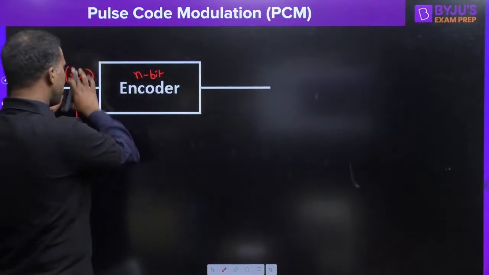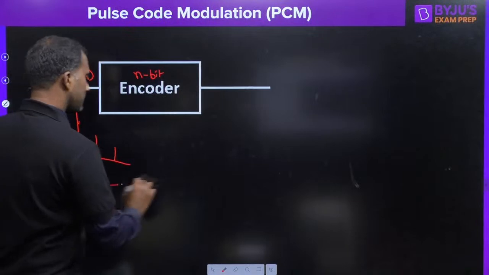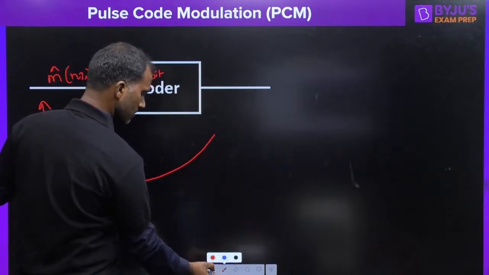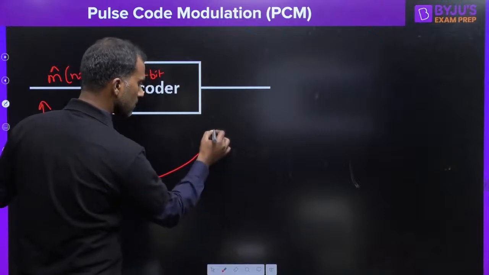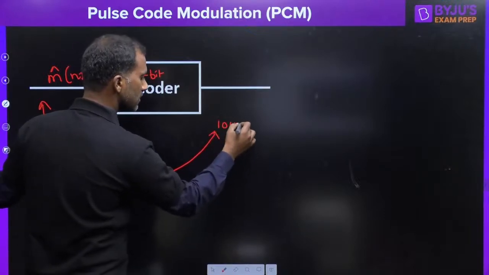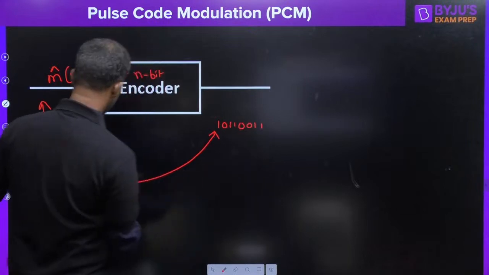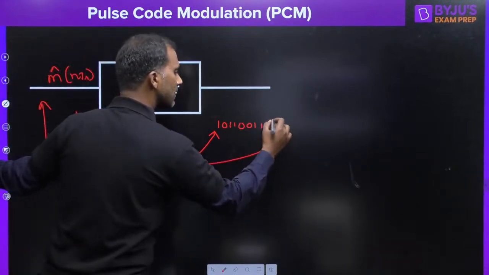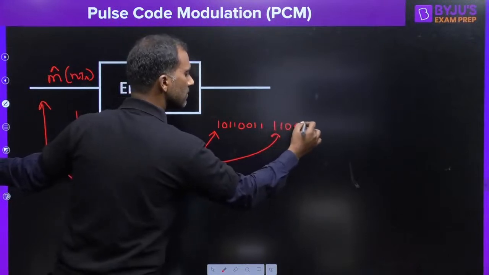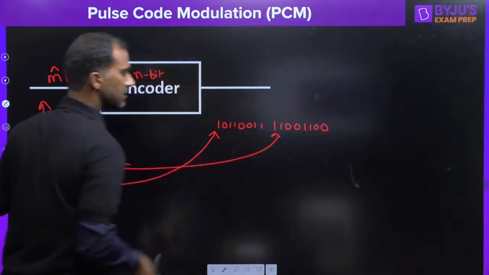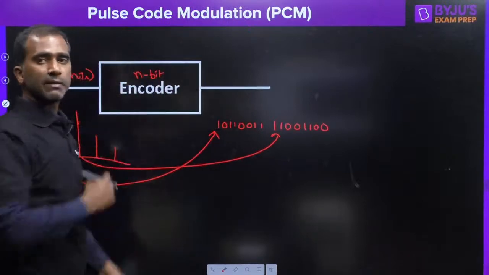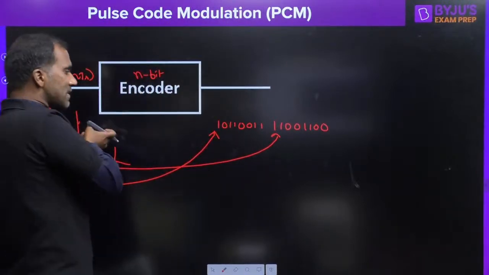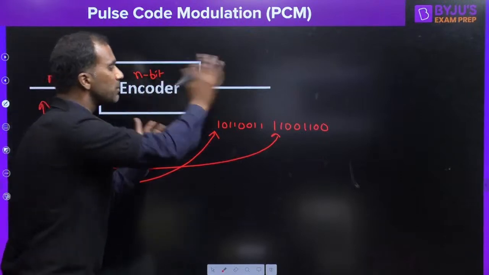Fine. So every sample is being converted into bits. This sample is converted into bits, like 1 0 1 0 0 1 1. And when the encoder gets the second sample, that is also converted into 8 bits. The next sample is also converted into 8 bits. That is how it happens. The job of an encoder is to convert every sample that is given to the encoder into bits.